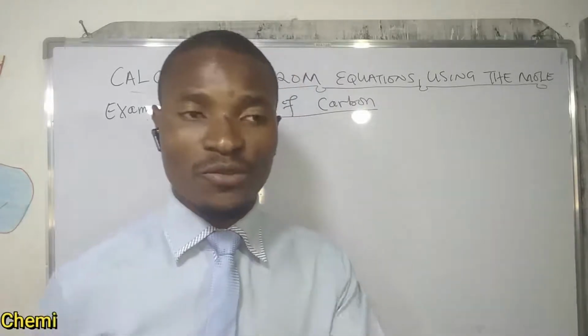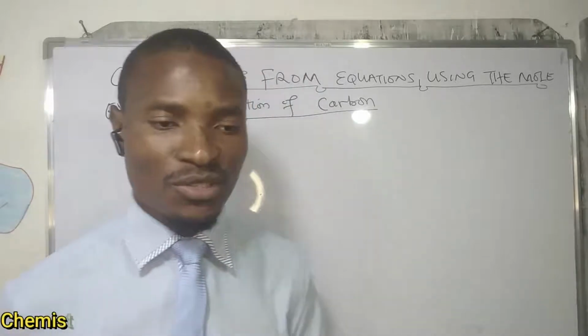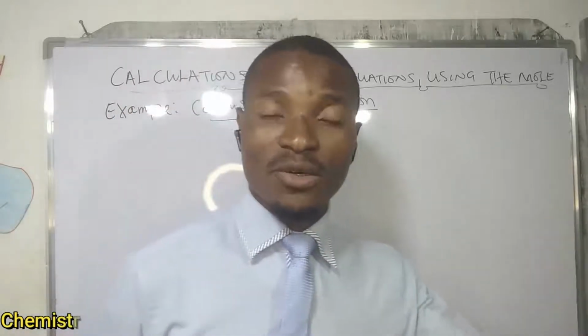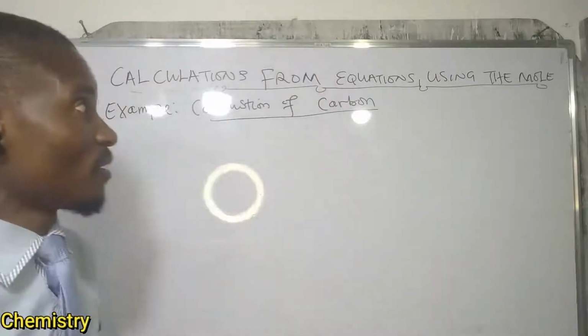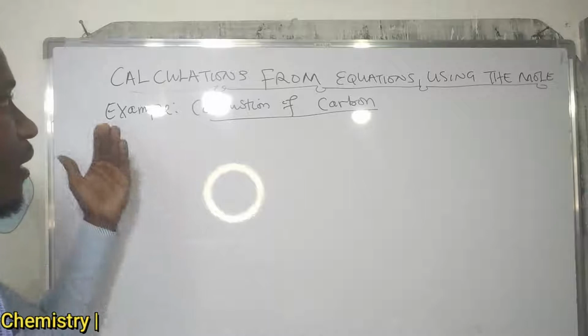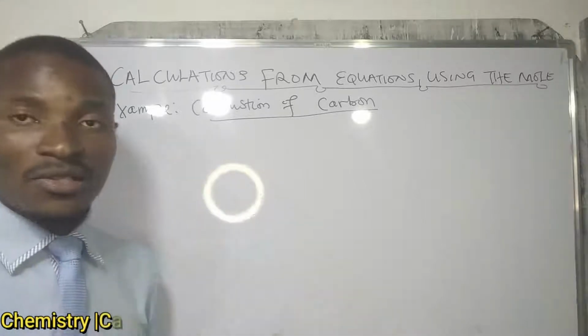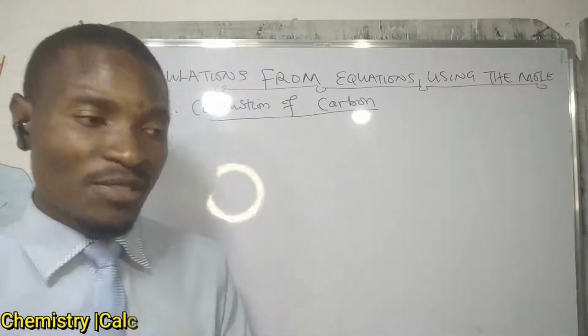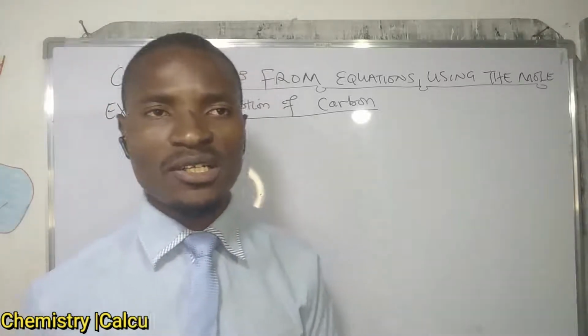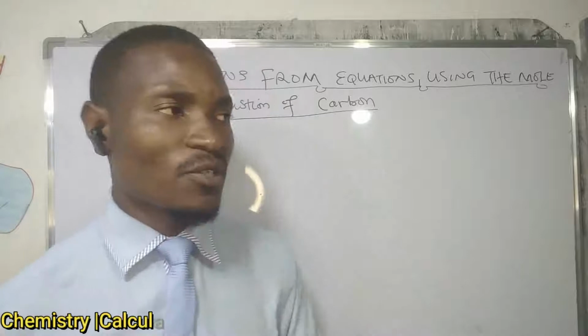Most of you who are studying chemistry are aware that chemistry is normally based on a chemical reaction. So we have the simple topic on the board: calculations from an equation using the mole concept. This means we can have a chemical equation, a simple equation or a complex equation.